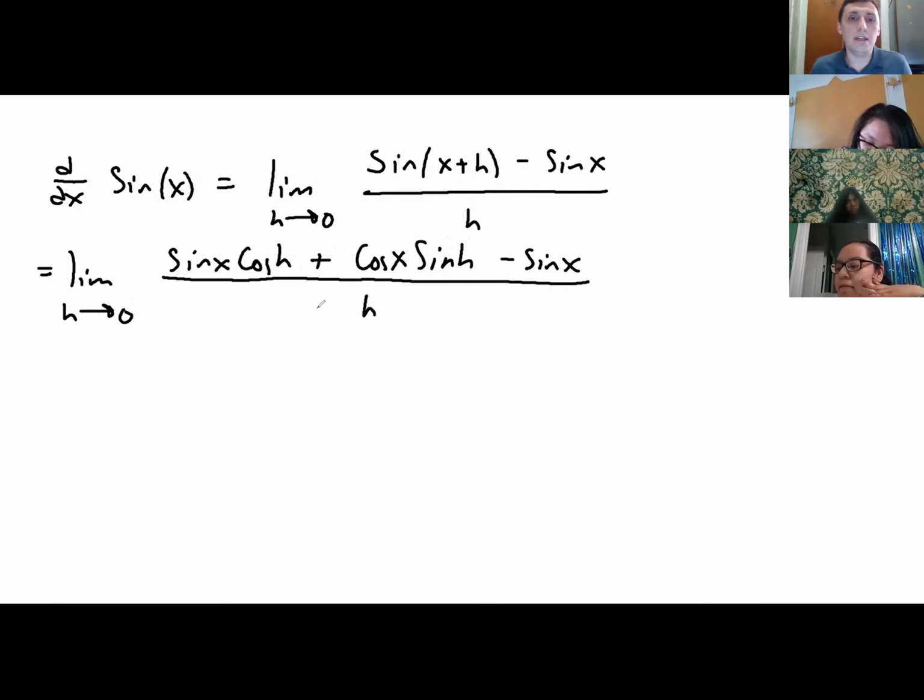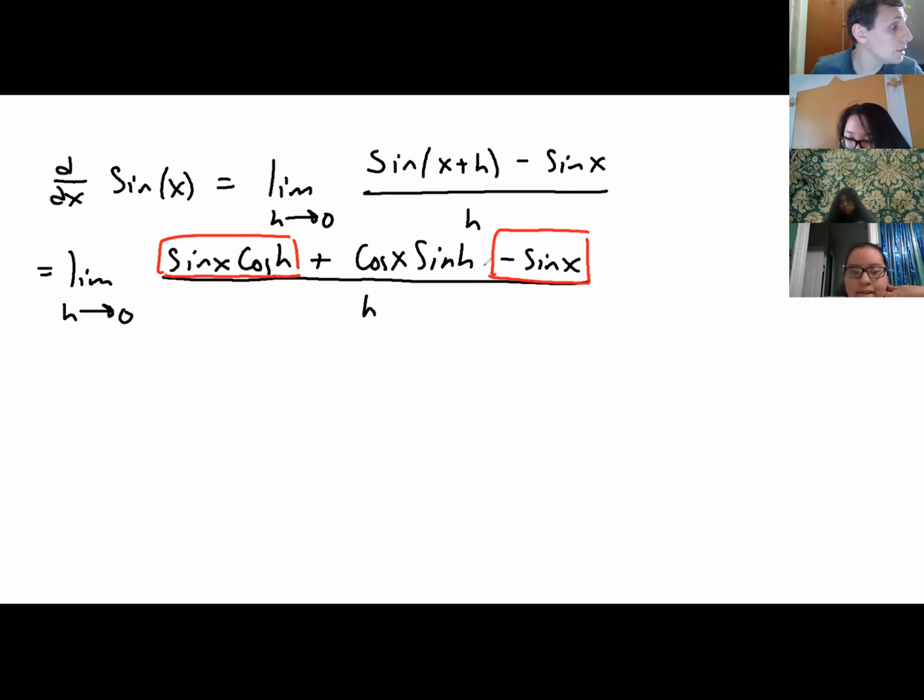And then I look at this formula carefully, guys, and I notice that I can take this, where there is a sine x, and I can factor out sine x, right? Sine x does not depend on h. And I have this segment where I can factor cosine. So I get the limit as h goes to 0.